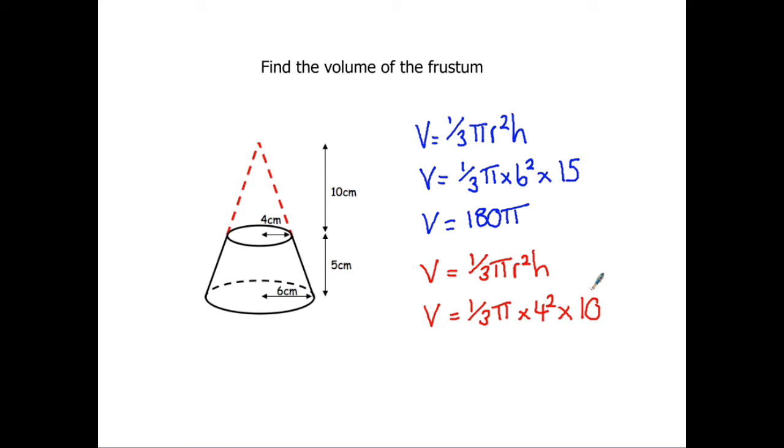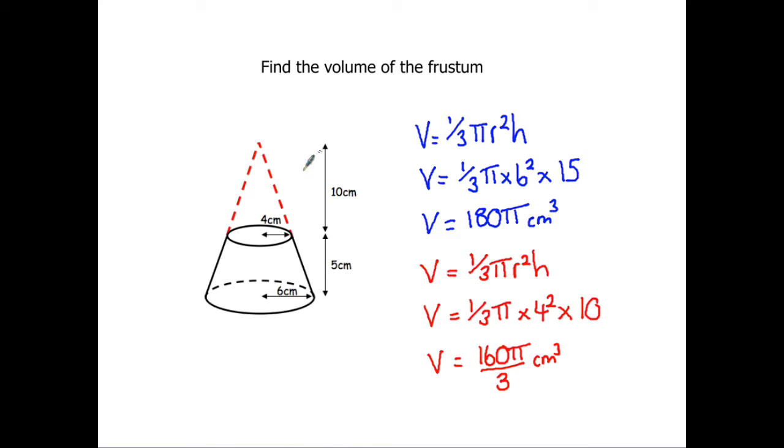Again, I'm going to stick that into the calculator. So I'm going to have 4 squared times 10, and then divide that by 3, which is 160 over 3. So we'll have 160 pi over 3. Both of those should have actually been given units, which I've missed off, which is not good.